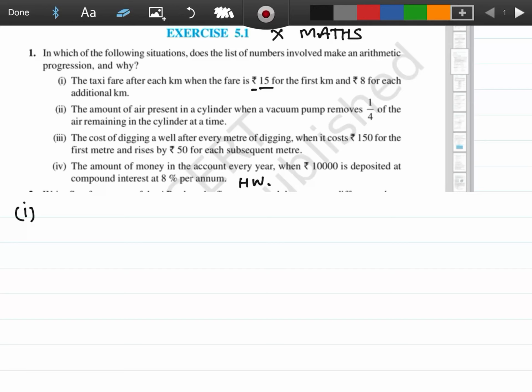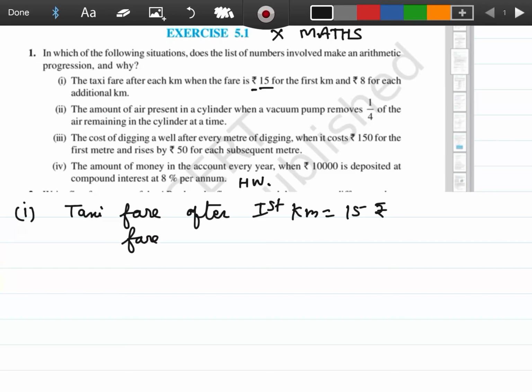So the taxi fare after the first kilometer will be 15 rupees. The fare after the second kilometer is 15 plus 8. 15 is the fixed amount charged for 1 kilometer, and for the next kilometer 8 rupees will be added.